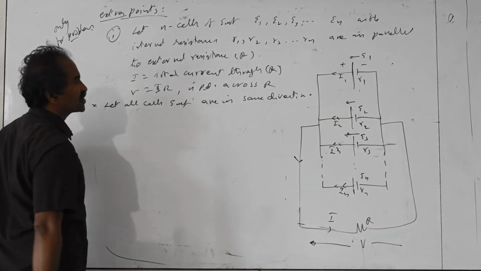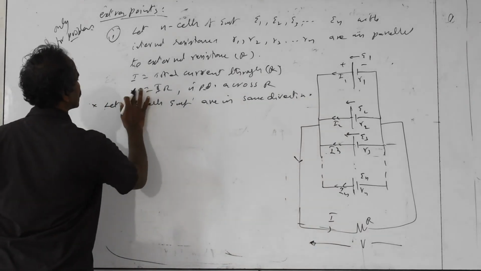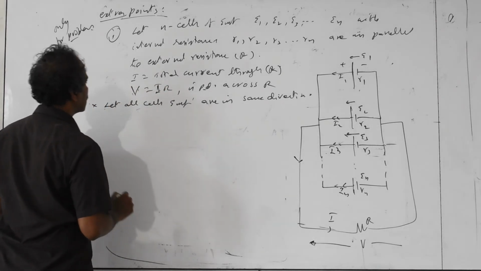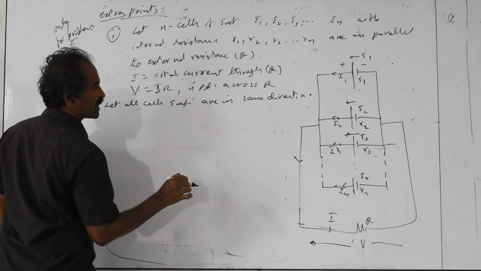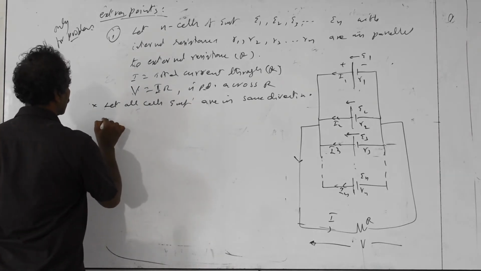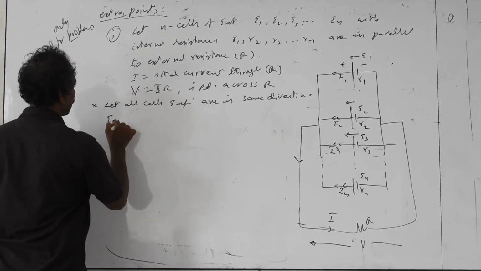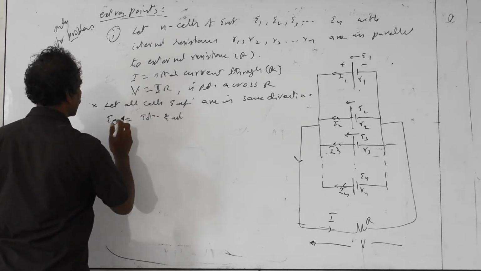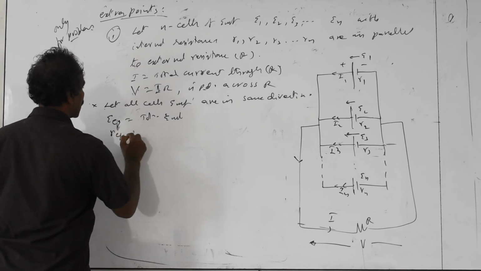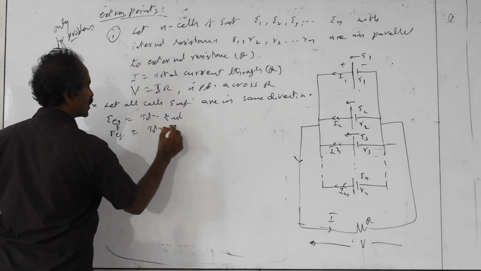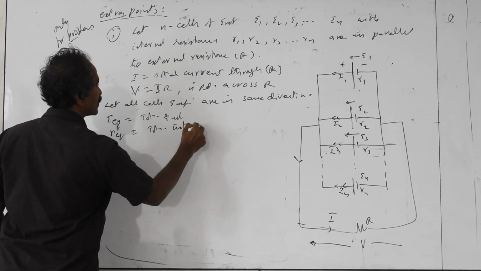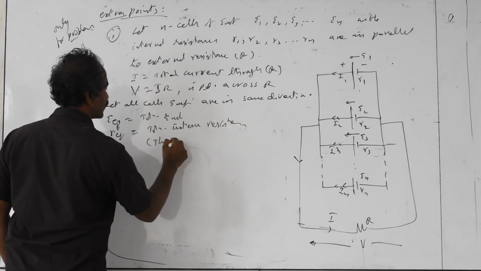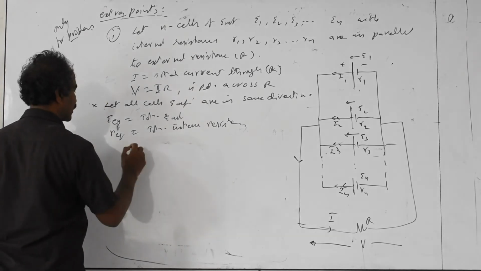So the V relation is equal to I into R. The internal resistances are coming in parallel, so total EMF equivalent is E equivalent, and R equivalent is the total internal resistance. They come in parallel.